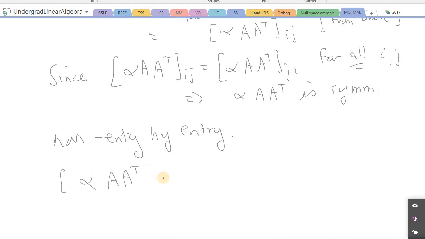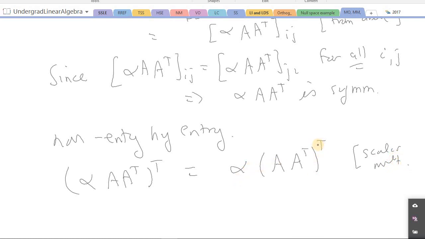Well, let me not use square brackets, just use parentheses. Now, that's equal to, what does the constant do to it? The constant you can just take out because that doesn't affect the transpose. I mean, you're just multiplying the whole matrix by alpha. That's true whether you have the matrix or its transpose. So that's equal to alpha. So this is scalar multiplication.